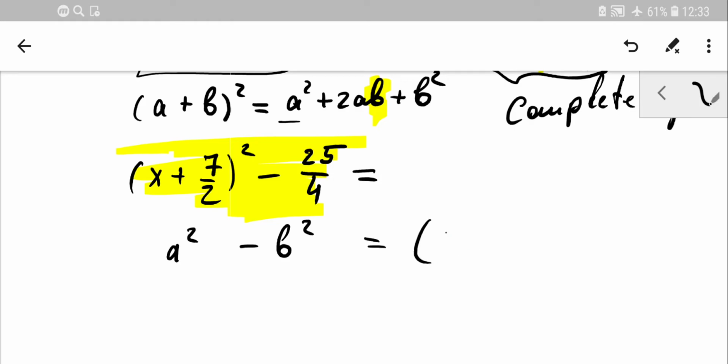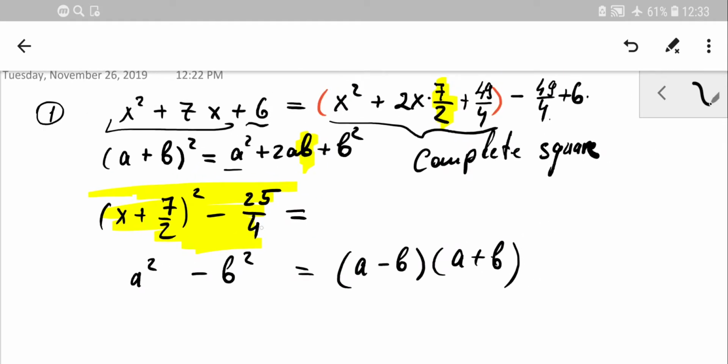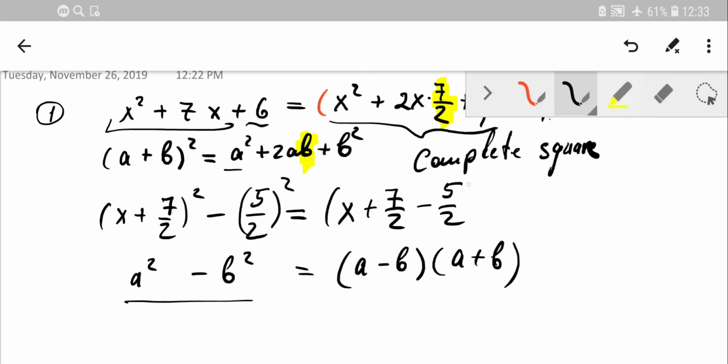In factorized form, you can write it as a minus b, a plus b. So we'll get the following. 25 over 4 is simply 5 over 2 squared. Now we have the same pattern as here. So we say x plus 7 over 2 minus b, so minus 5 over 2, and multiply by x plus 7 over 2 plus b, which is 5 over 2.